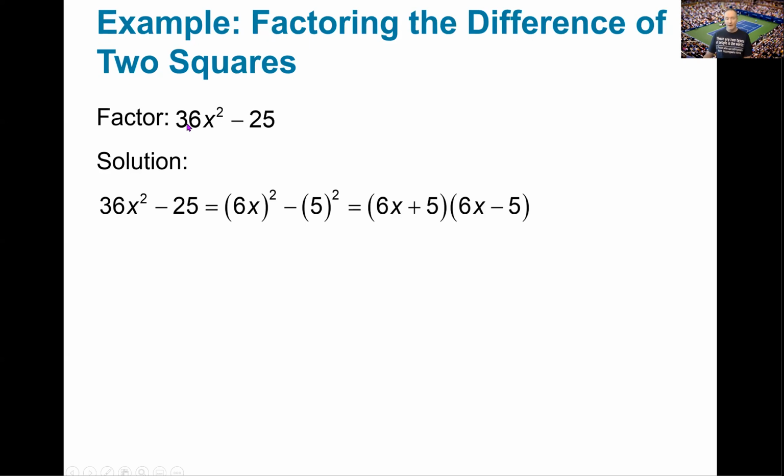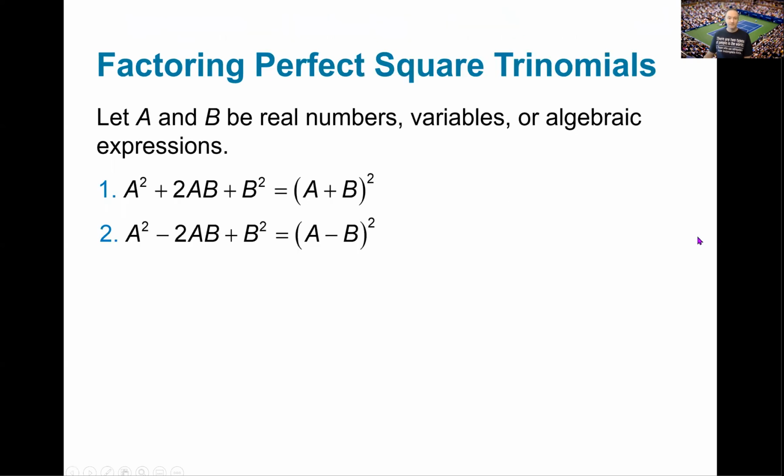So if I write this in the format of a squared minus b squared, it's 6x quantity squared minus 5 squared. I know a squared minus b squared is a plus b times a minus b, so my solution here is just going to be the factors 6x plus 5 times 6x minus 5.